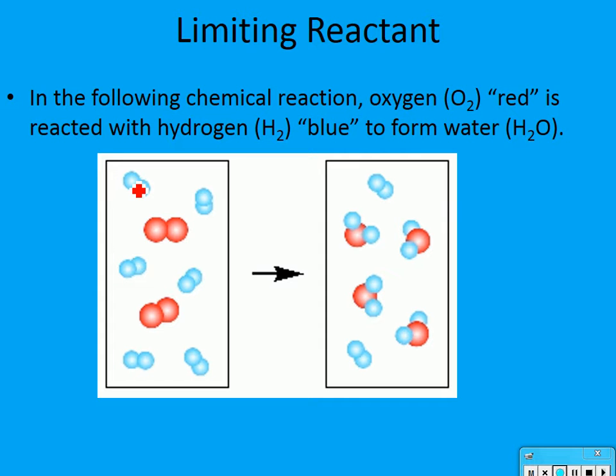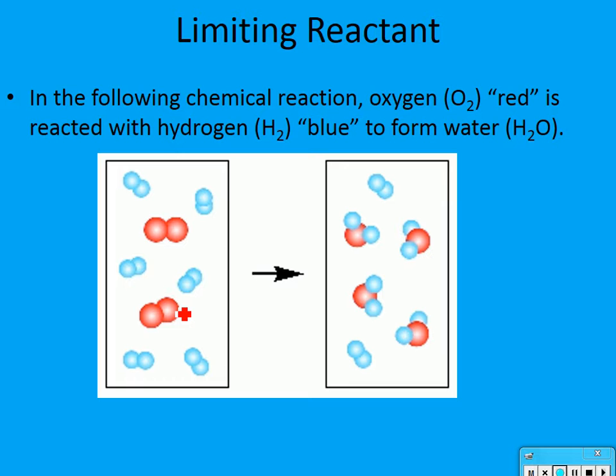How many molecules of oxygen do we have? 2 molecules. How many molecules of hydrogen do we have? 6. And so you can see over here, which one's the excess reactant then? Which one's left over? Hydrogen's left over. There just wasn't enough oxygen. So oxygen is our limiting reactant in this example.